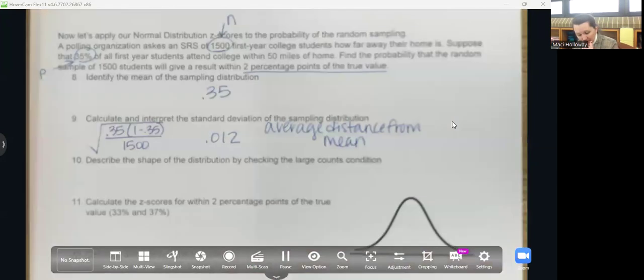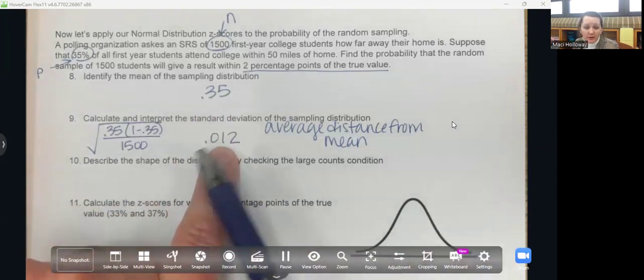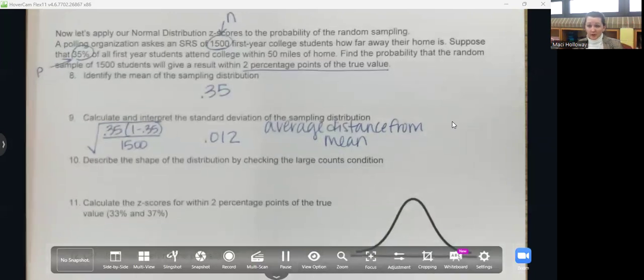So this is telling me that on average, 35% live within 50 miles of their home. However, if it's 35% on average, then that 68% is going to be within a little bit farther than that. So 35 plus or minus 0.012, I'm very close to 35, right?